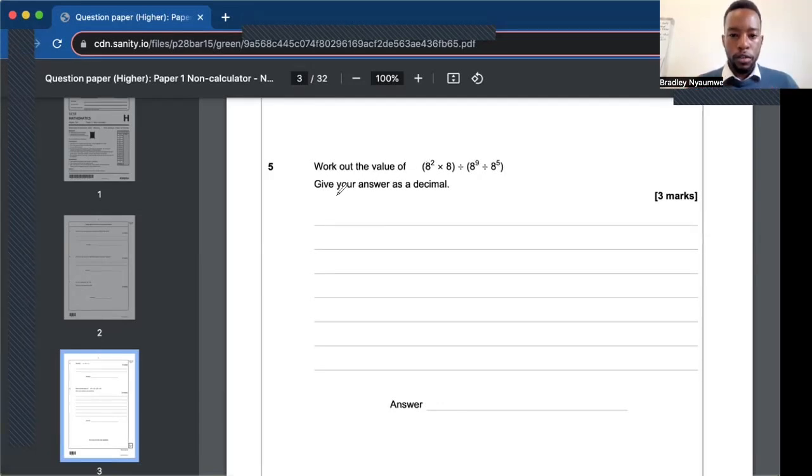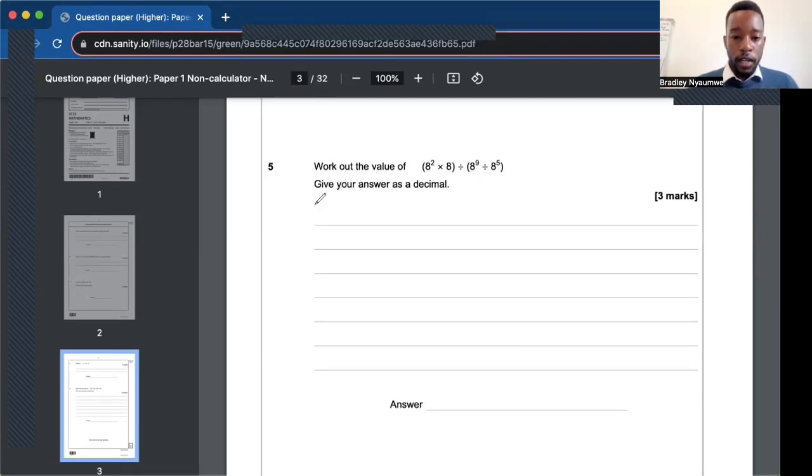First off, you want to simplify each of the brackets. Remember the BIDMAS brackets first. So 8 squared times 8. How can we simplify that? Do you remember the laws of indices? What happens when we have indices and we're timesing them together?